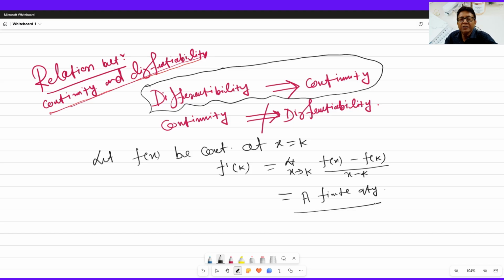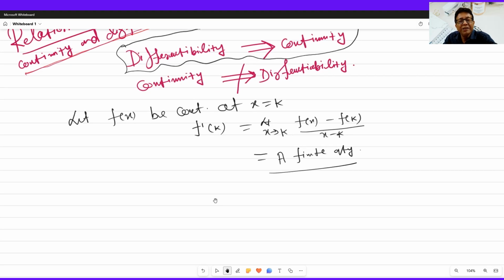So if the function is differentiable at the point x equal to k, then f dash k has a finite value. Now, by assuming this, we are going to prove that it is continuous also.